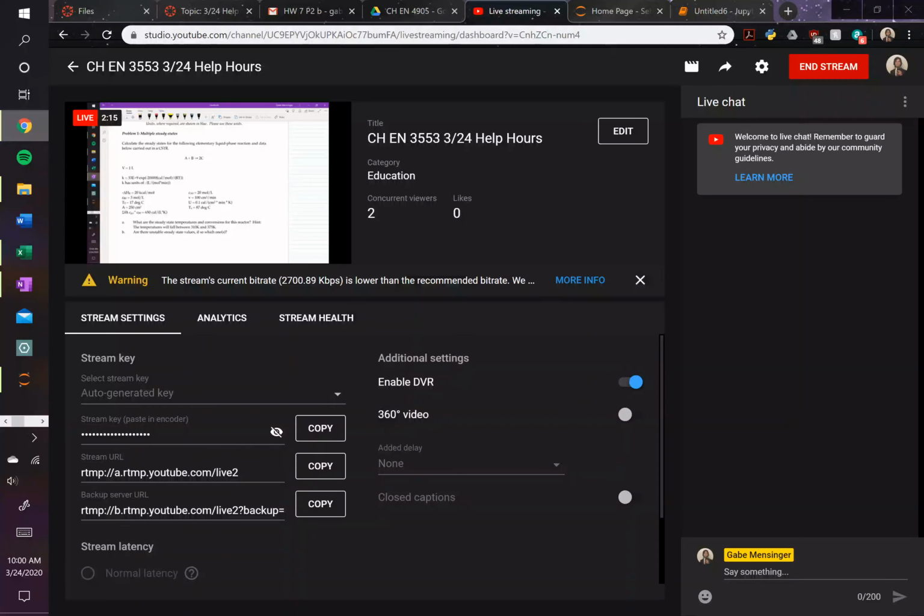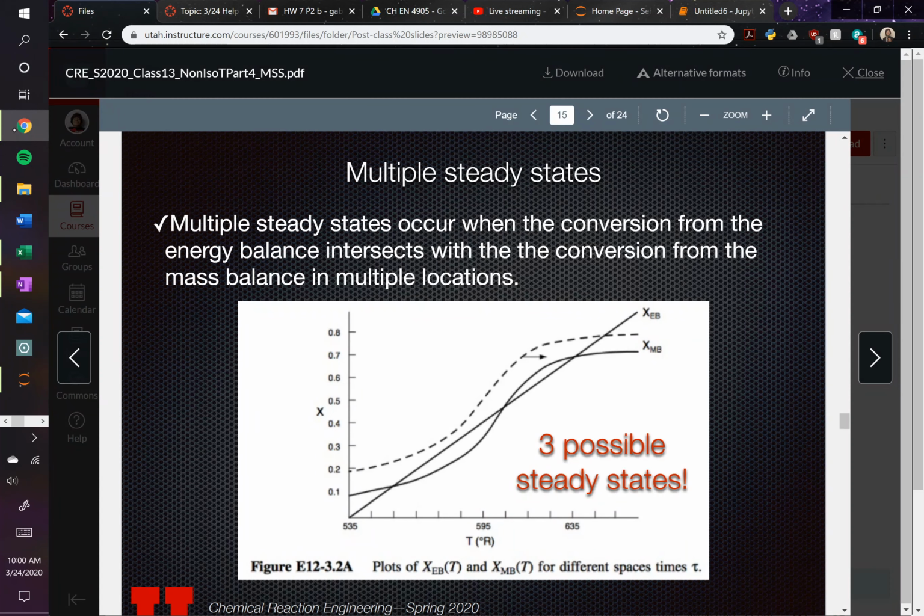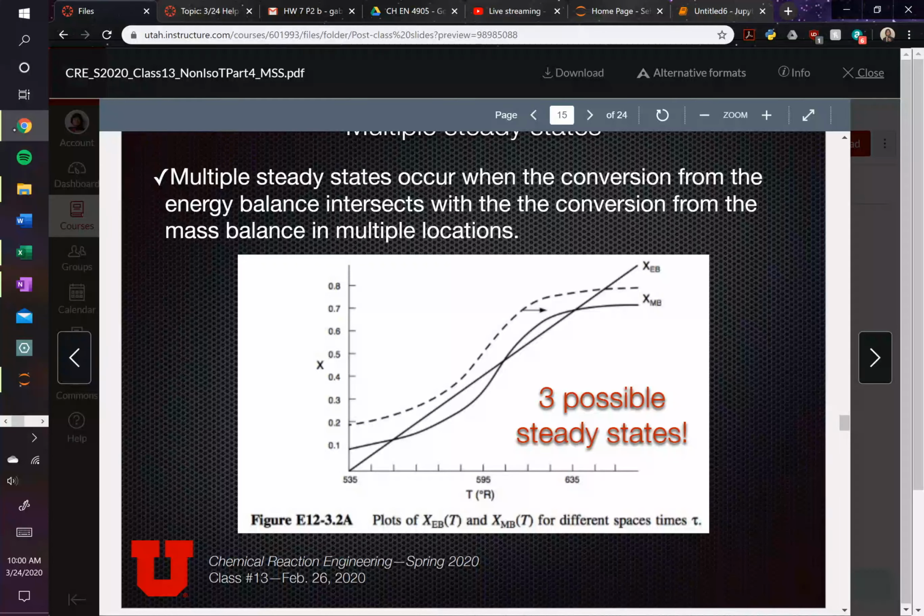As you recall from the previous lecture, in order to find the multiple steady states, we'll want to find the points where the energy balance and the mass balance conversions are equal to one another. So we'll have to plot the energy balance and the mass balance as a function of temperature.